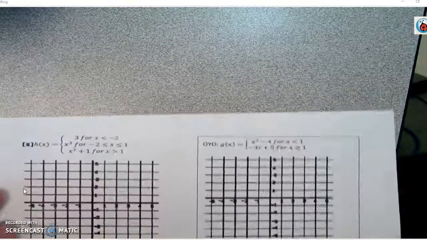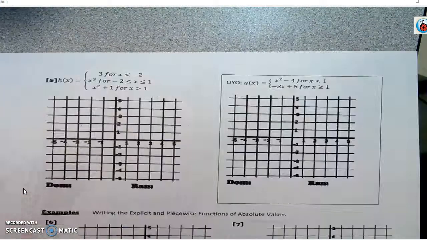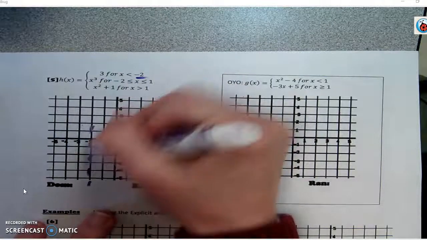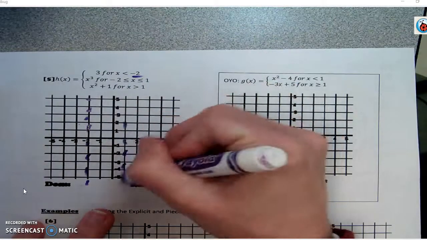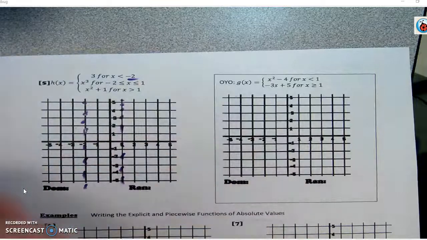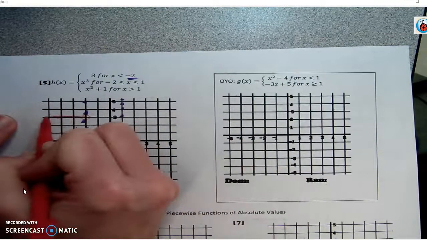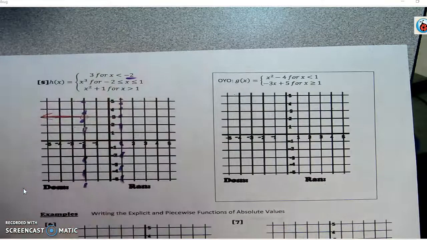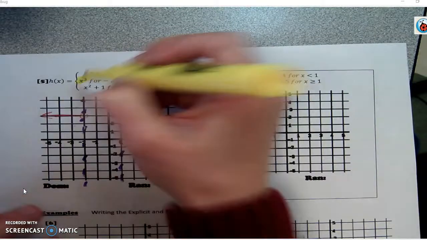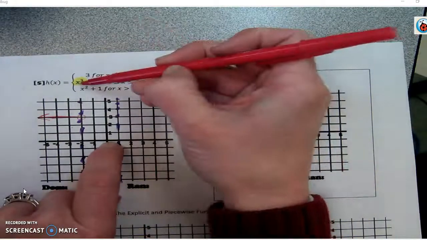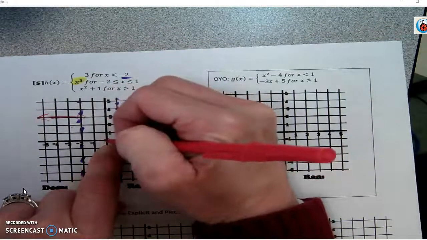All right, number 5, 3 sections, 2 fences, a fence at -2, a fence at +1. Furthest left, you have a horizontal line at 3, open circle going to the left. In the middle is x cubed. So let's plug in some values. If you plug in 0, 0 cubed is 0, so 0, 0 is a point.